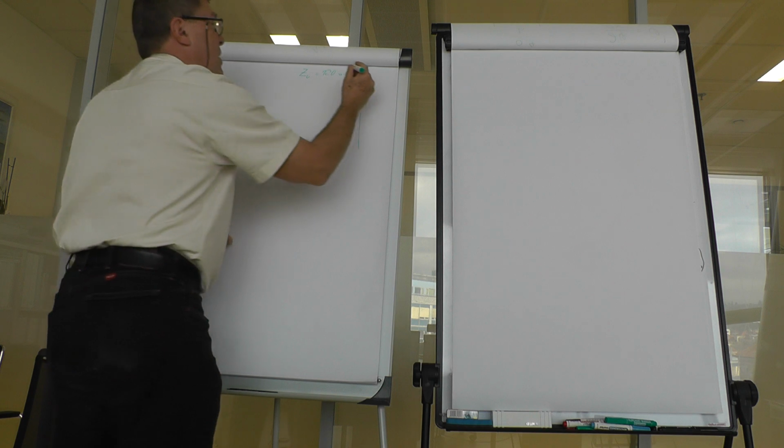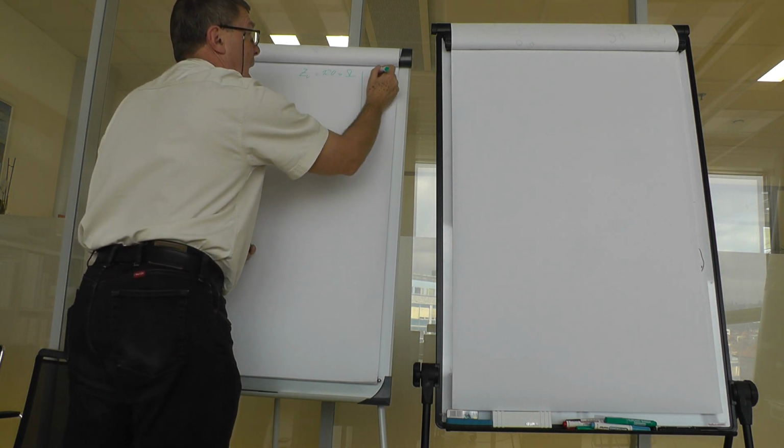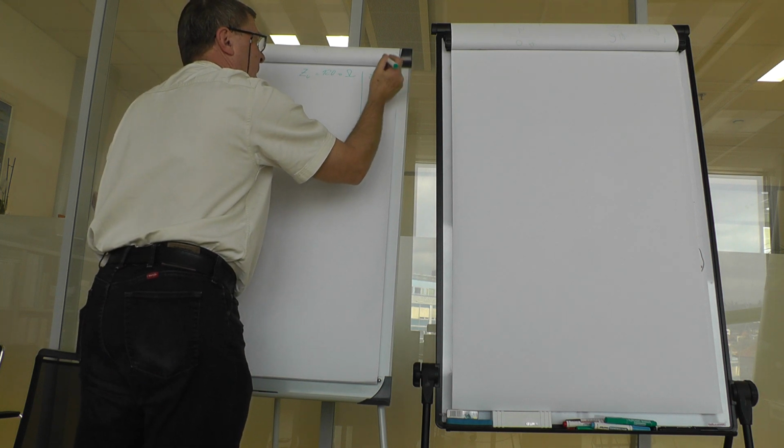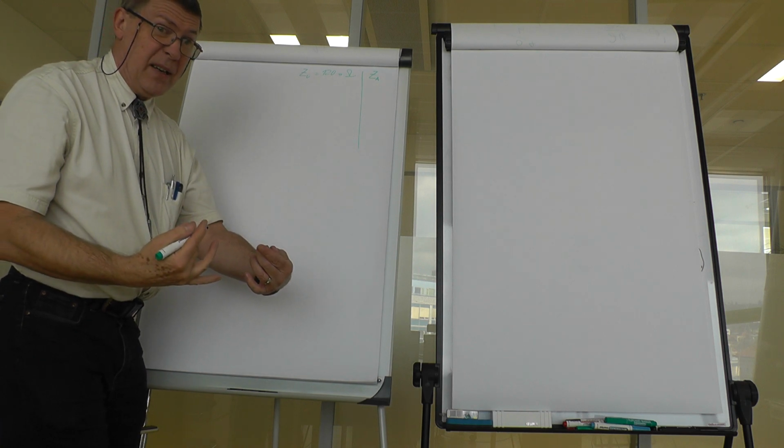But how to do that? So we have there another material with some impedance. I will put, say, ZA, like is impedance of the absorbing material.